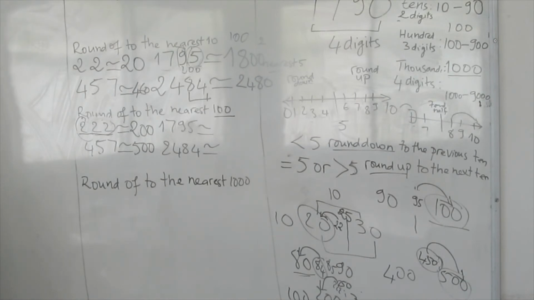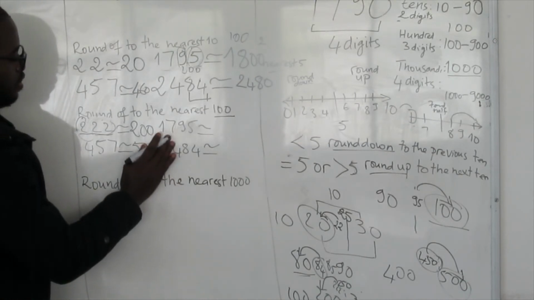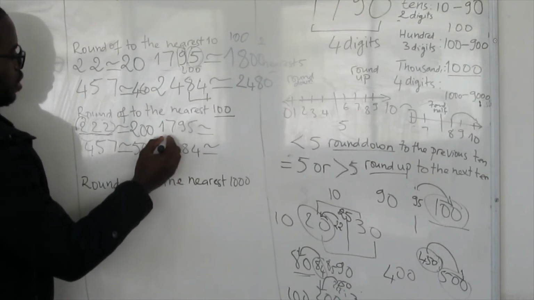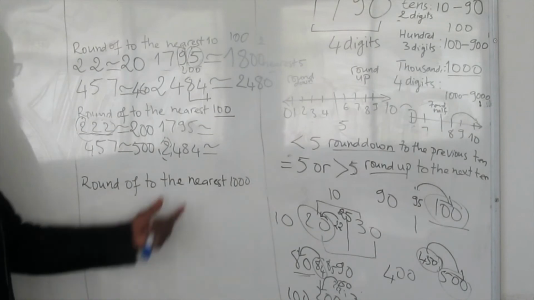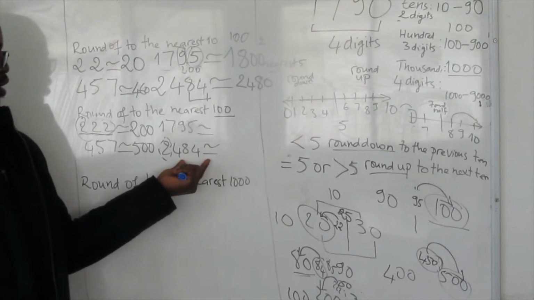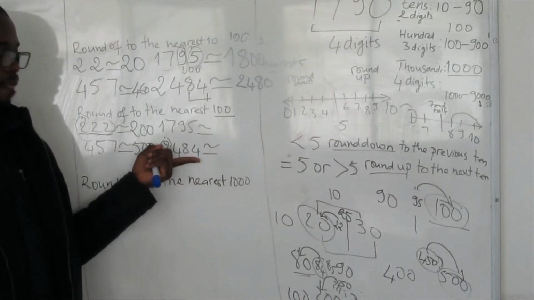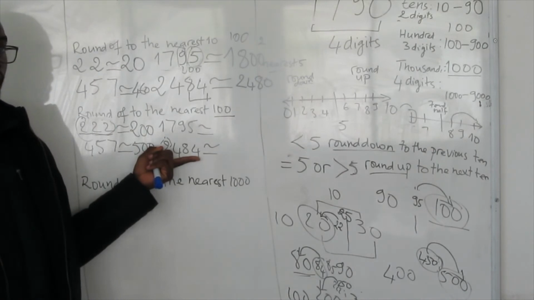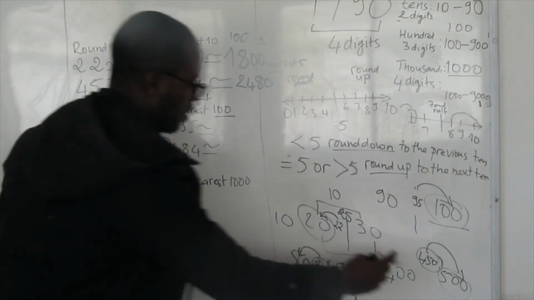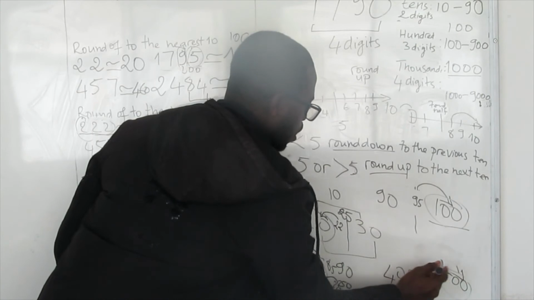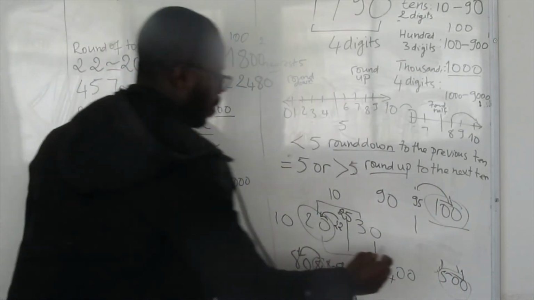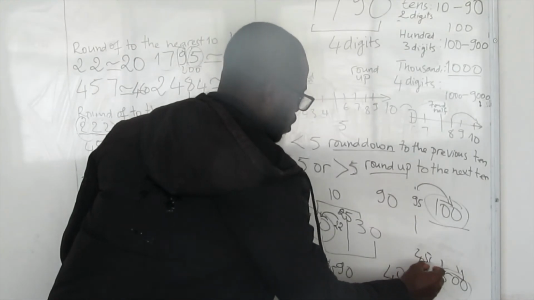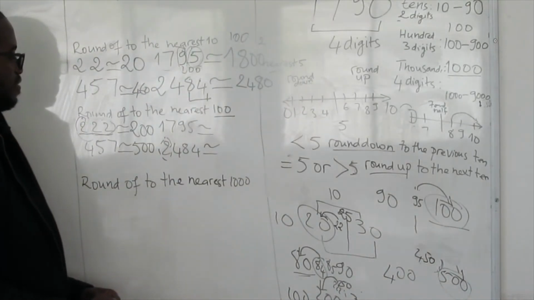Okay, give me this. 2,484. You don't look at this 1,000 here. Let's start here. Give me the interval first. We are between what? 400 and 500. And step 2? The middle. 450, yes. Now, let's place our number.